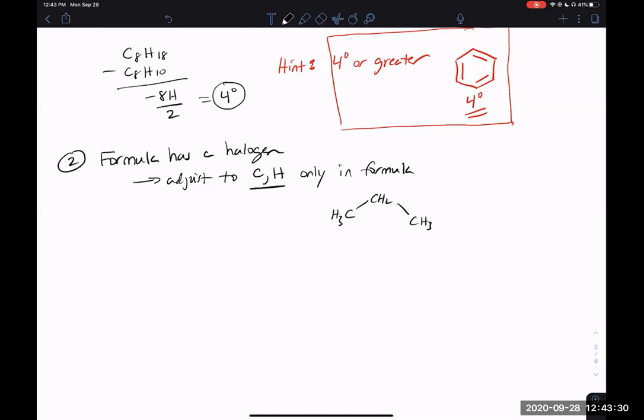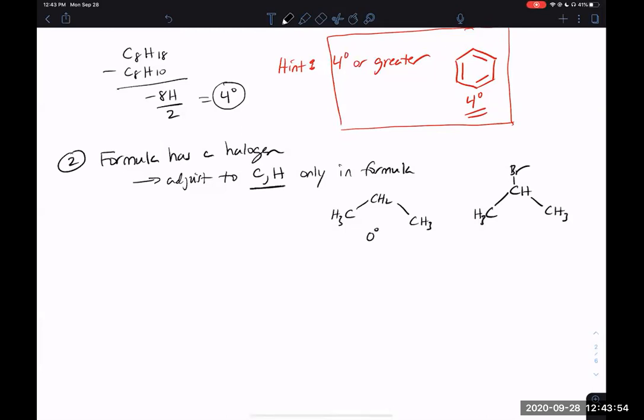Now I'm going to put bromine somewhere on it, in the middle. I'm not going to change the bonding at all. It's still all single bonds. So I have H3C going to C, now with just 1 H, with a bromine in the place of a hydrogen, going to a CH3.